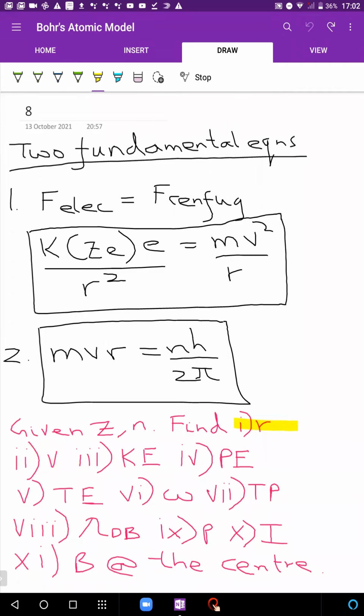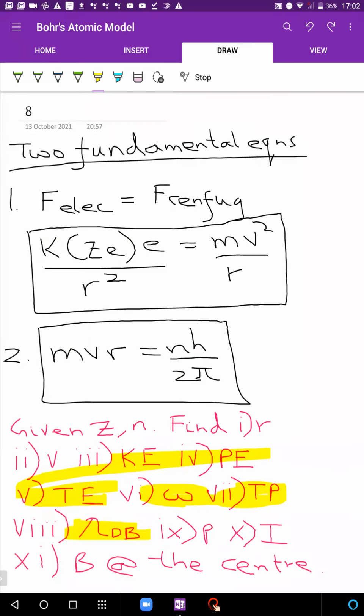You're given Z and n, the atomic number and the orbit number. And you can use every other constant like capital K, small e, mass of an electron, h by 2 pi. You can use all these other constants and Z and n. Find the formula for R, V, kinetic energy, potential energy, total energy, angular velocity, time period of rotation, de Broglie wavelength, linear momentum.